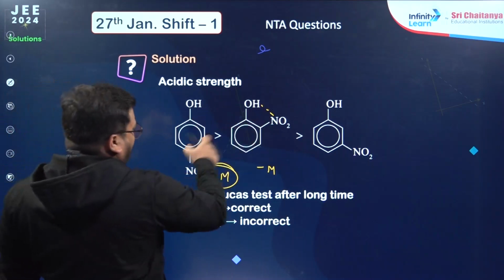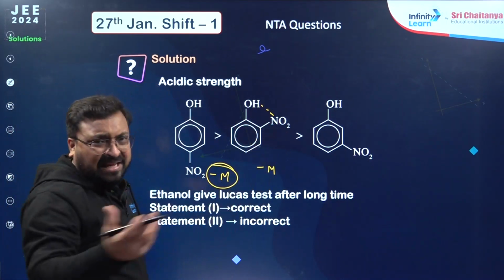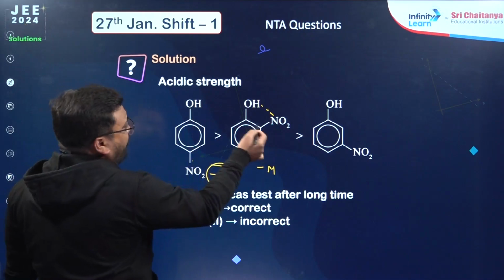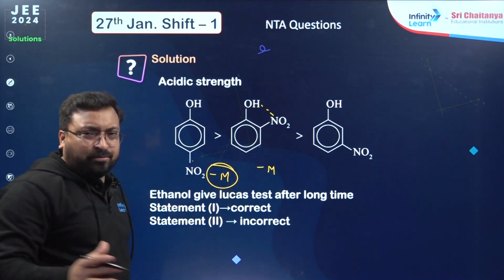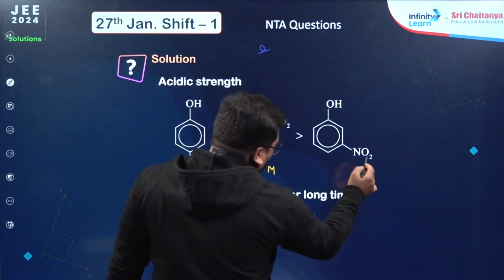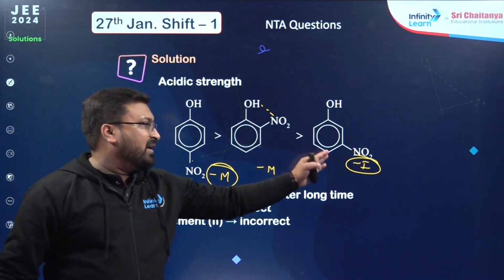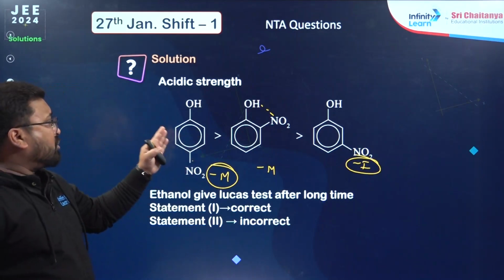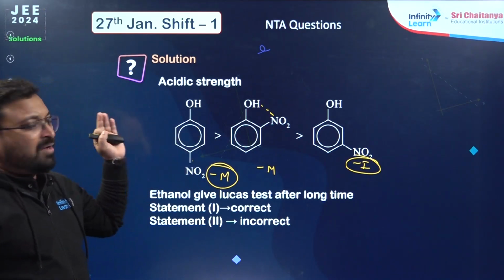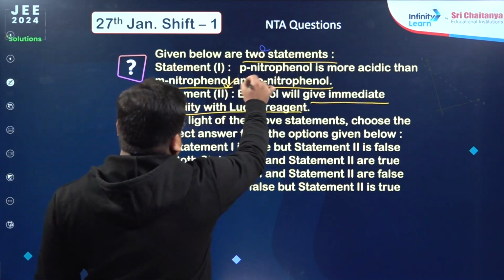In this you can also tell the minus I effect, but this will dominate over here due to intramolecular H bond. This is not as strong as this, and at meta only the minus I effect will dominate, so it will be decreasing. So the strongest is para-nitrophenol. Statement 1 is perfectly correct.